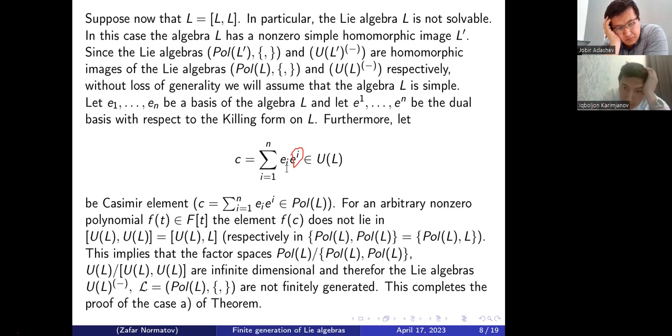Here we have the product E_i and E^i. What can you say about this element, the result of the product? Is it a vector or a linear map? What is it? Where is the Killing form?